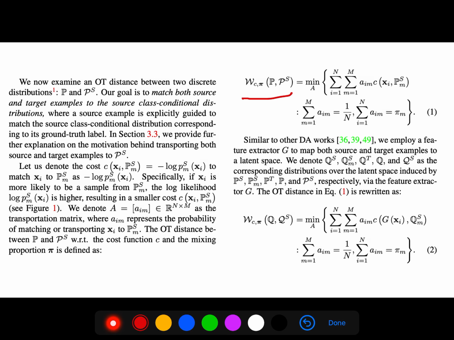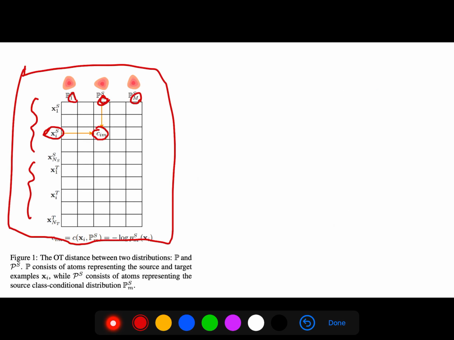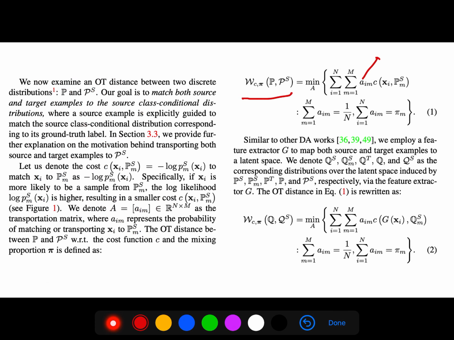And each entry, for example, A sub i M, as I said, that could be the probability of matching or transporting x sub i to this class M, or the optimal transport distance between P and P sub S.